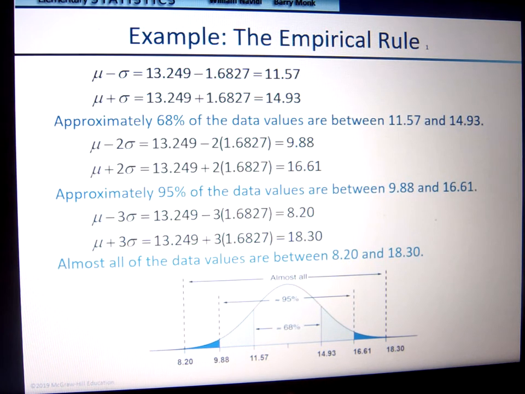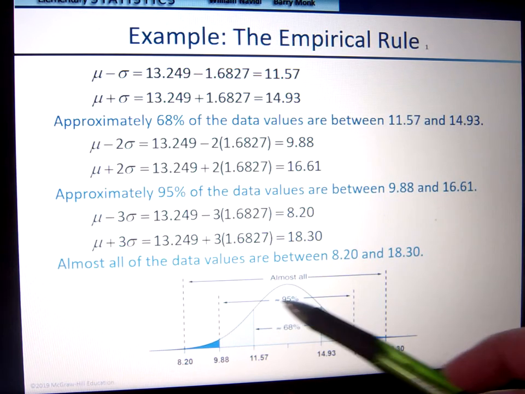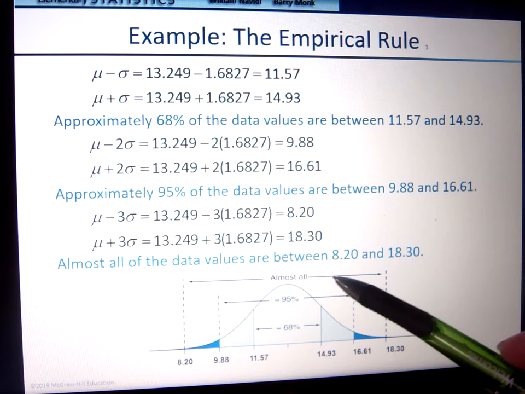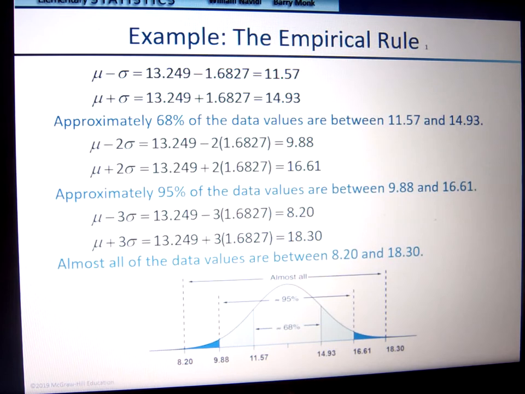So here we have, again, showing you 1 standard deviation away is 68%. 2 standard deviations away will be 95%. And 3 standard deviations away, 99.7, or as we say, almost all of the data.